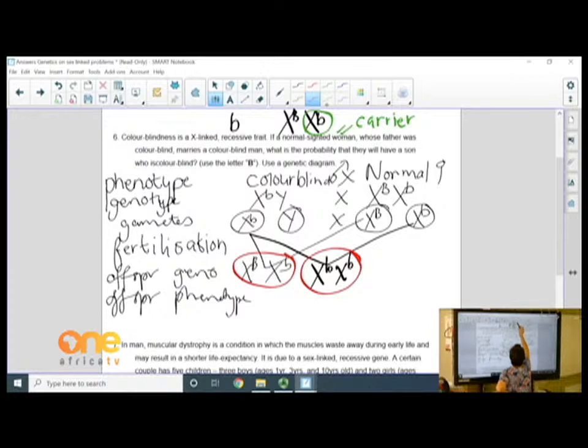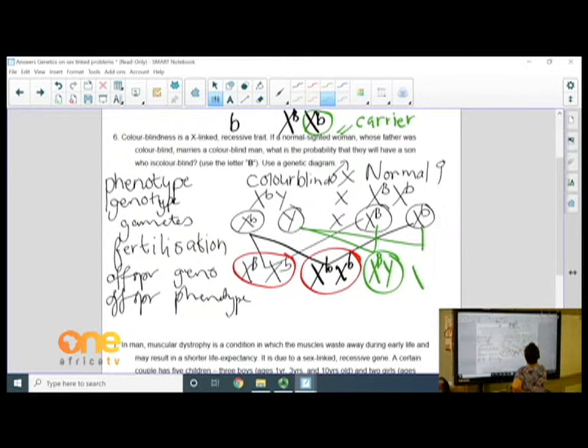Then I have a Y, so that will be X, B, and a Y, and there will be X, B, and a Y, which will be the males.